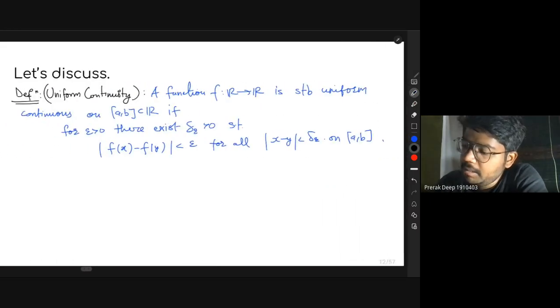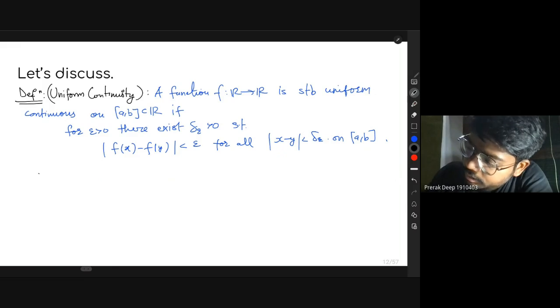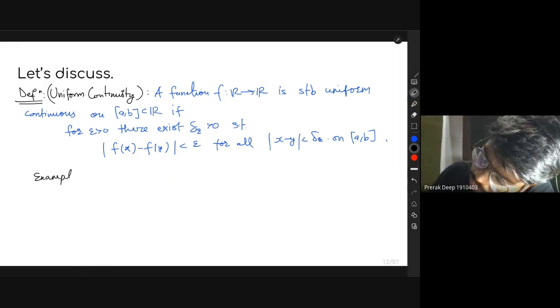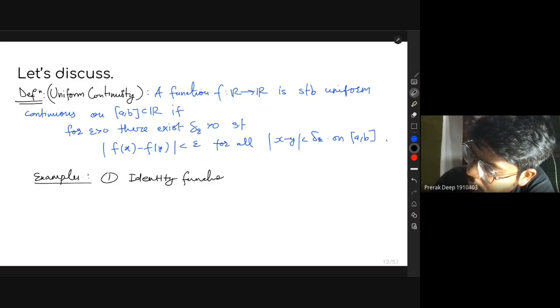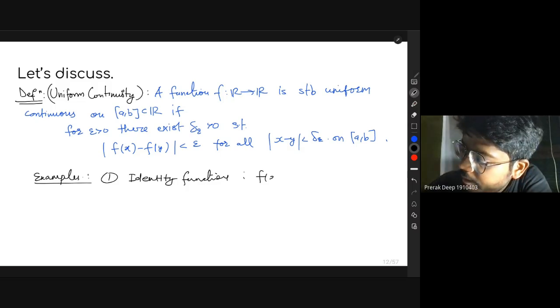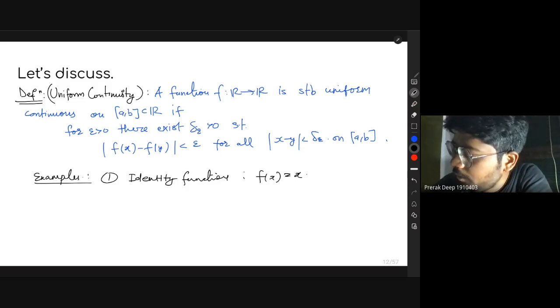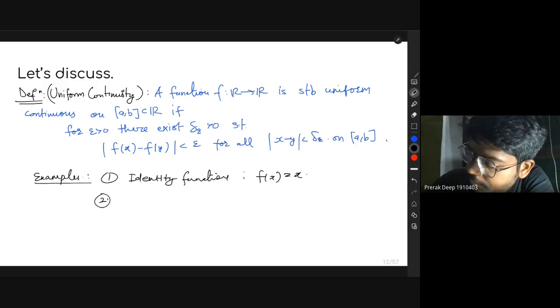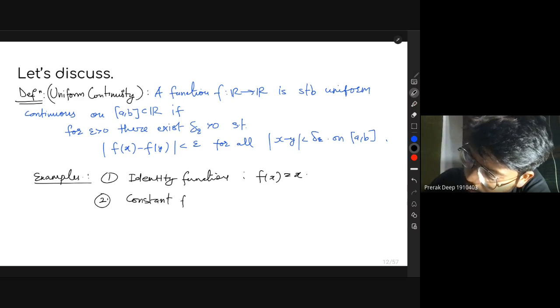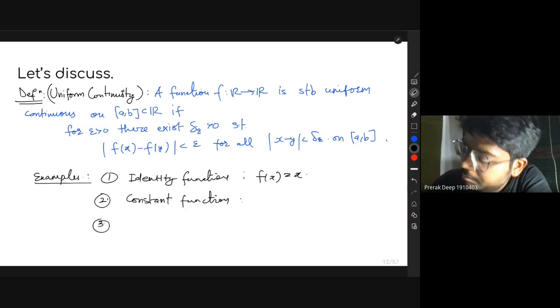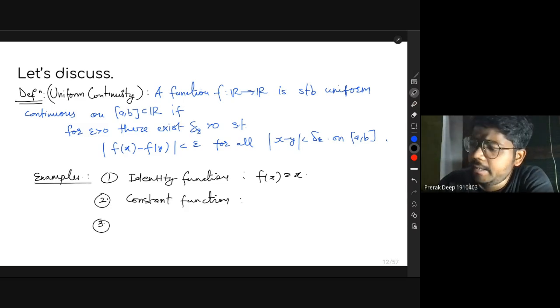Some simple examples of uniformly continuous functions are the identity function defined to be f(x) equal to x. Then constant functions, and so on and so forth.